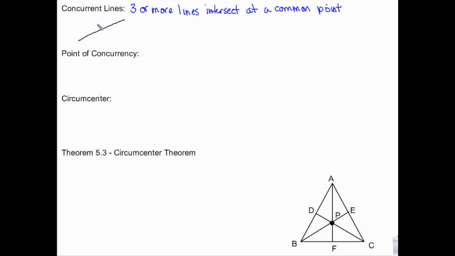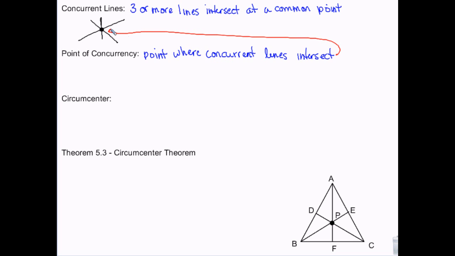So if I have 3 lines that come through, and they intersect at this same point, these lines are concurrent lines. The point of concurrency is the point where 3 or more concurrent lines intersect. So that point right there is the point of concurrency.